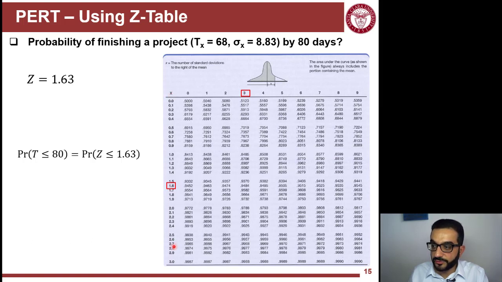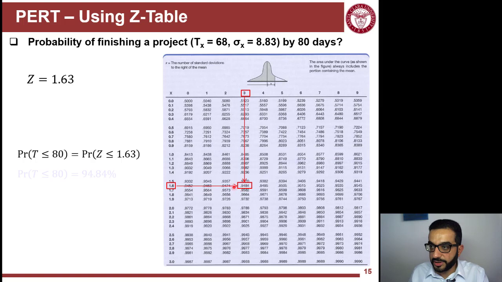This column here is giving you the first two digits of the value, and then this row here is giving you the third digit of the value. So 1.63 is read as 1.63. Now you will match these two values with the element in the table.